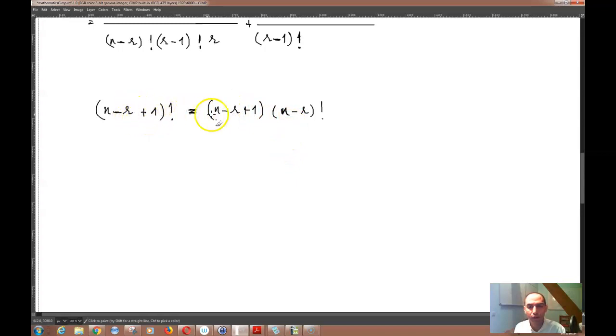You can do that because n minus r plus 1 factorial is the same thing as 1 times 2 times 3 all the way up to n minus r plus 1.